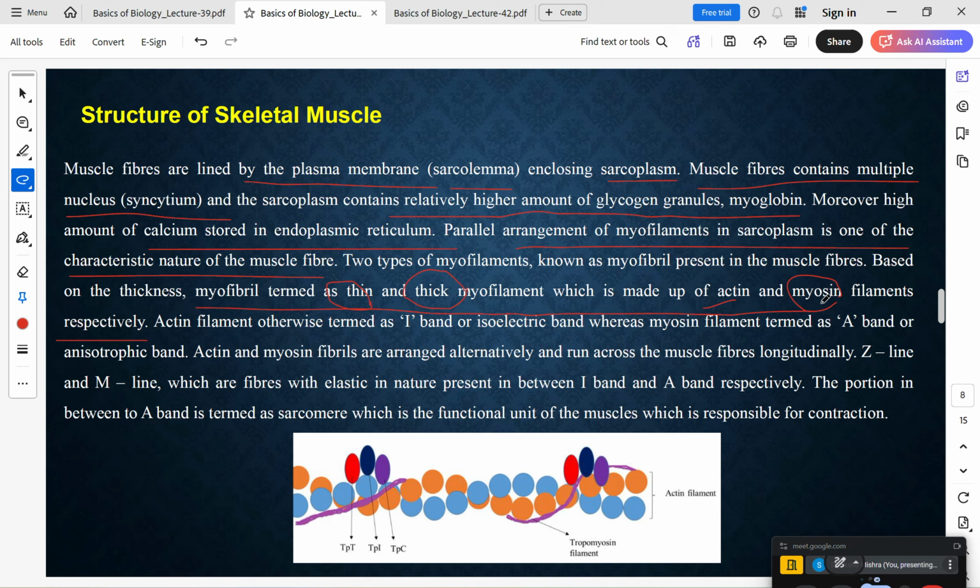We will discuss this in a bit. In general there are different bands: A band, I band, H zone, Z line, M line, etc., depending on what is present in that area. In general, the portion between two consecutive Z lines is known as a sarcomere, which is the functional unit and is responsible for muscle contraction.